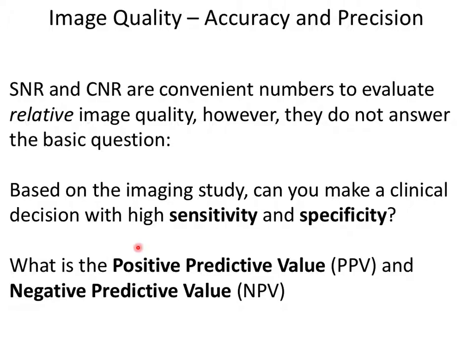Basically, sensitivity is your ability to extract cases that are positive from the pool of cases. Say I have a pool of 100 cases and 20 are positive. What is my ability to extract those 20? If you get all 20, your sensitivity is high.